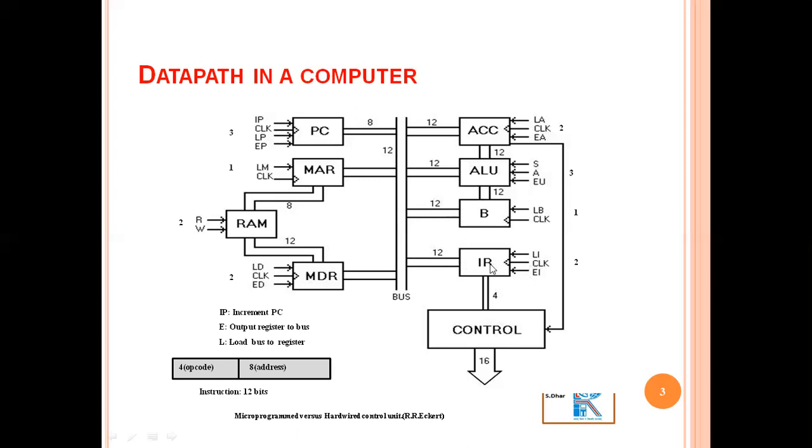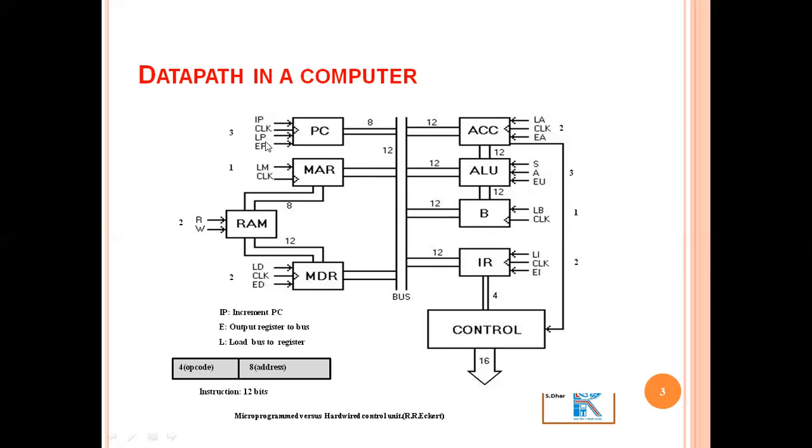Then data will be loaded from this bus to PC, that means LP will be activated. So if the computer wants to transfer the data from IR to PC, it has to activate EI and it has to activate LP.